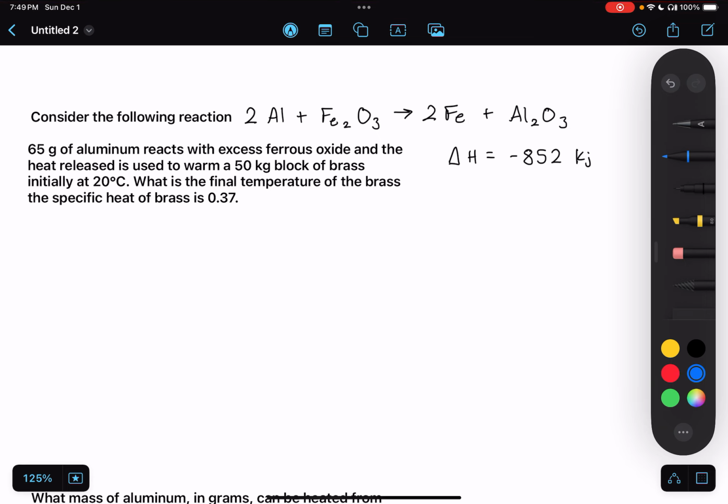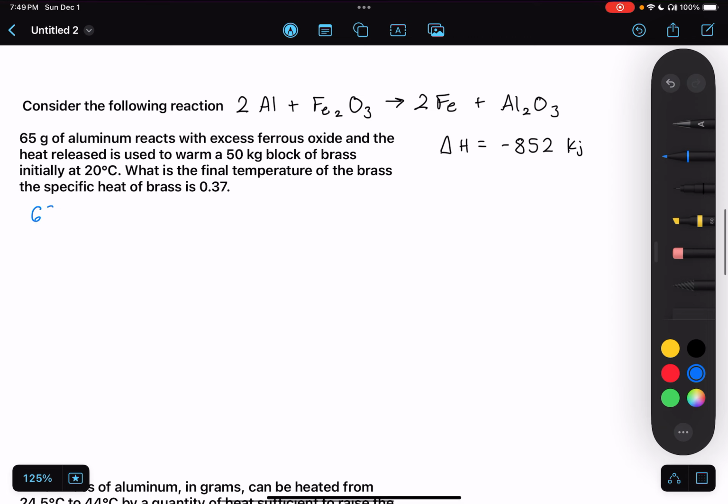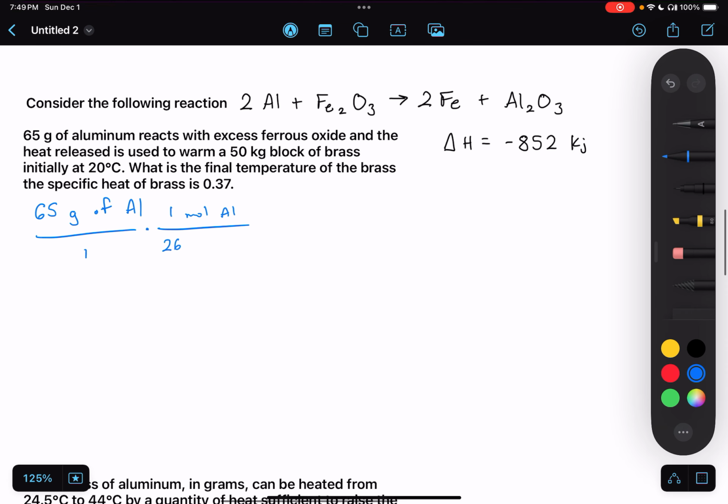We're going to go from 65 grams of aluminum to the moles of aluminum, times 1 mole over the molar mass of aluminum, which is 26.98 grams.